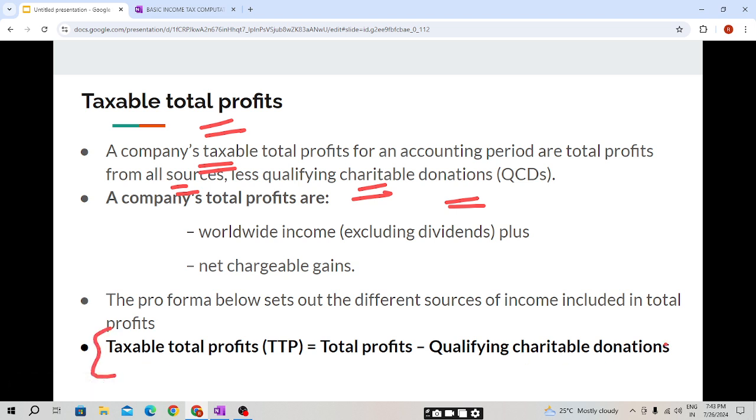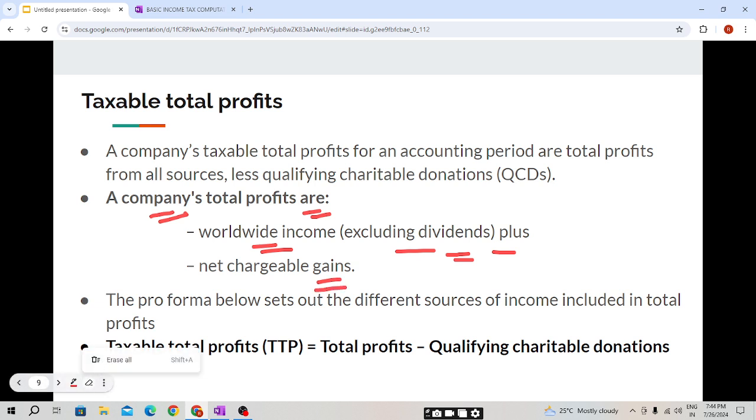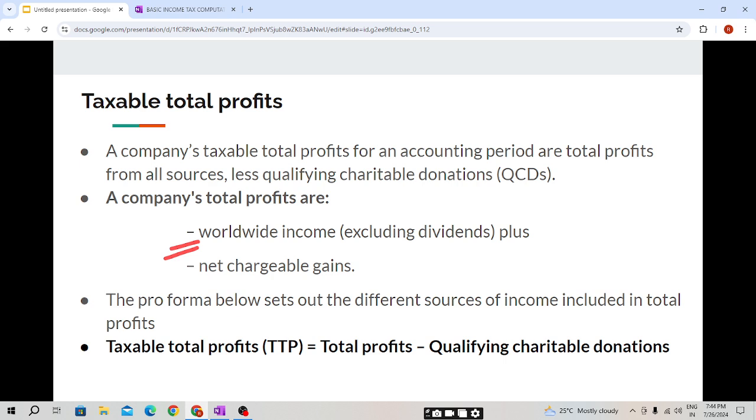So the taxable total profit is total profit from all the sources less qualifying charitable donations. A company's total profits are worldwide income excluding dividend plus net chargeable gains. So students, the total profit will include all the profits from all the sources, but it will not include dividend income.